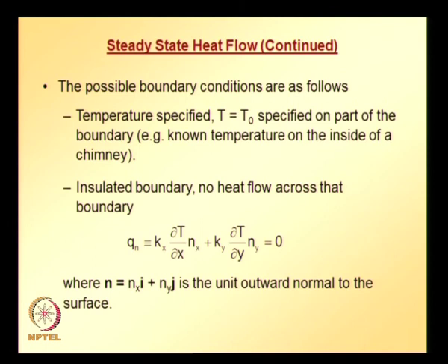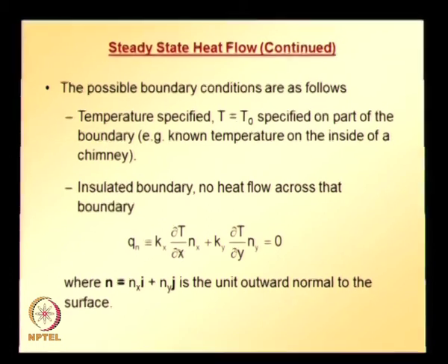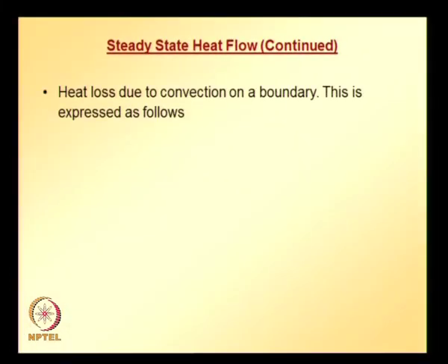Since this is insulated, so Qn is equal to 0, and we can also consider the other case, heat loss due to convection on the boundary. In that case, Qn is going to be a non-zero value, which is going to be a function of convection coefficient and temperature of the ambience. Heat loss due to convection on a boundary, in that case Qn is given by this.